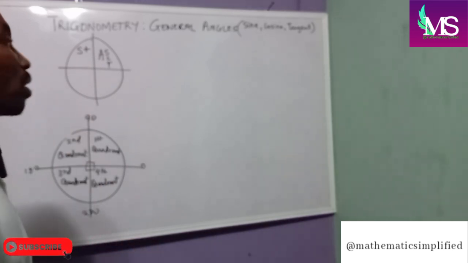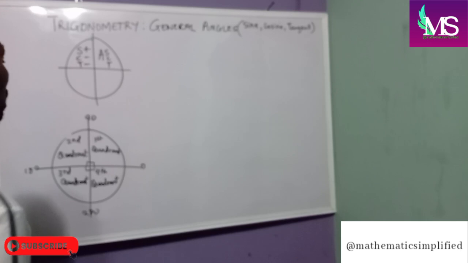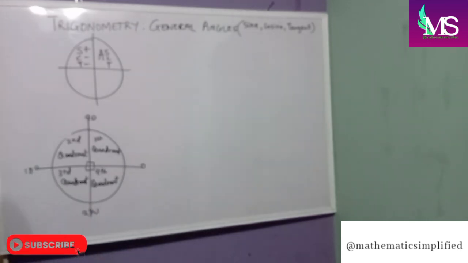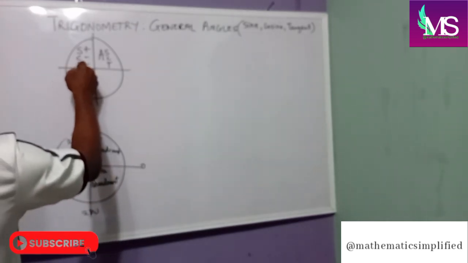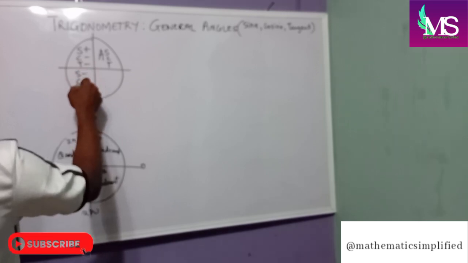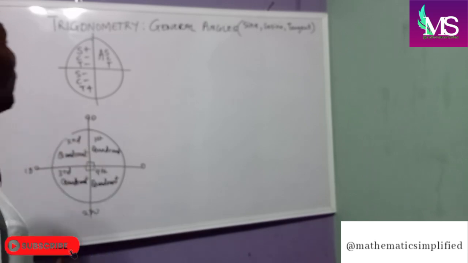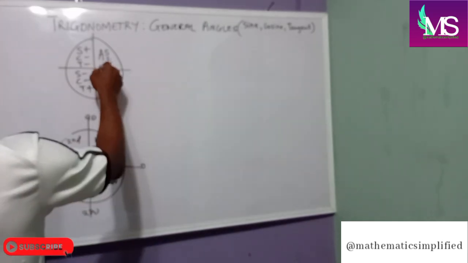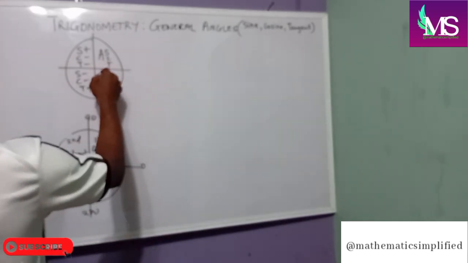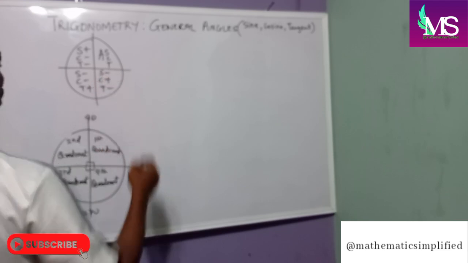That is to say, cos is negative and tan is negative. Now, in the third quadrant, sine is negative, cos is negative, and tangent is positive. And in the fourth quadrant, sine is negative, cos is positive, and tan is negative.